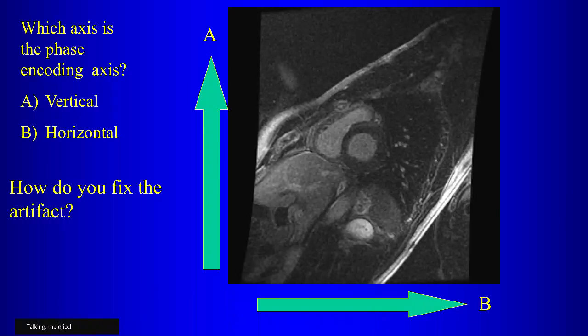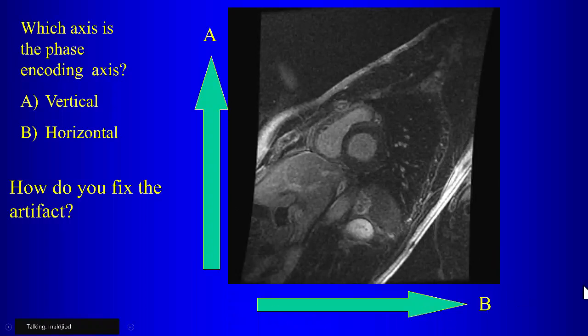Yeah, so you have wrap artifact here, where you have anatomy that has been mapped to the wrong place. This anatomy is supposed to be on this side, but in the image, it has been mapped to the wrong side. All right, that is called wraparound artifact, and that only occurs along the phase encoding axis.